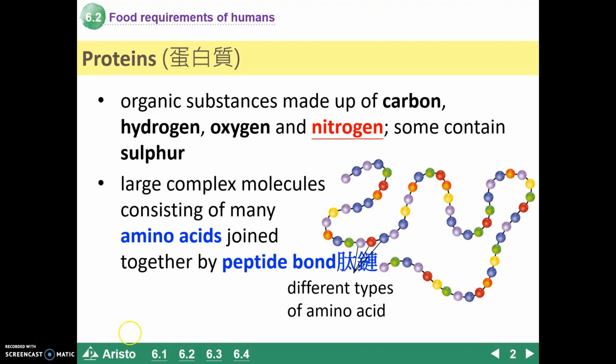As I mentioned before, proteins are large, complex molecules. The basic unit of proteins is amino acid. Amino acid is the monomer, and they are joined linearly, one by one, by peptide bonds. Peptide bond here, peptide bond here.